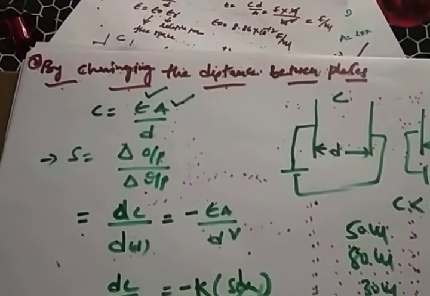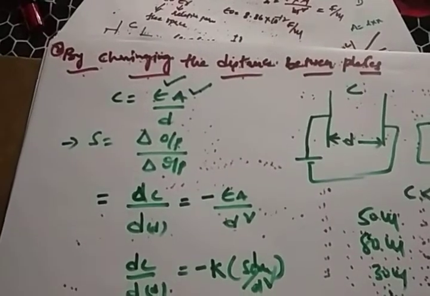So these are the three different ways to change the capacitance of a system, right? So what are the factors? The first one is by changing the area of the plates, by changing the dielectric material between the plates, and by changing the distance between the plates.